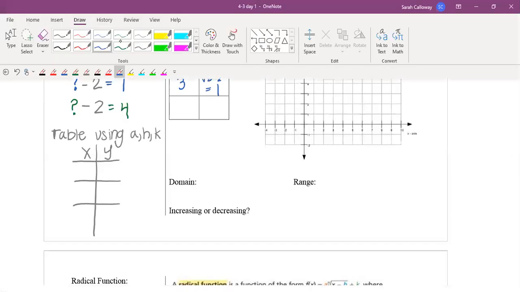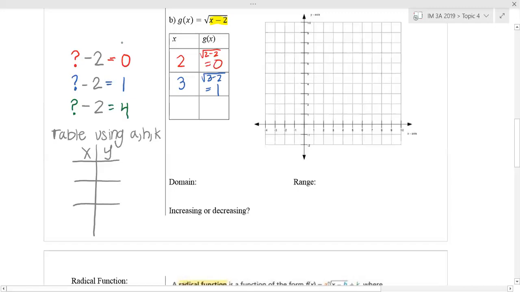Finally, I want to use 4 because 4 is the next perfect square. And so I'm thinking about what number minus 2 is going to make 4. And that number is 6. So if I plug in 6, I know I'm going to get 4 inside the radicand. So 6 minus 2, again, is 4, just as I wanted. The square root of 4 is 2.